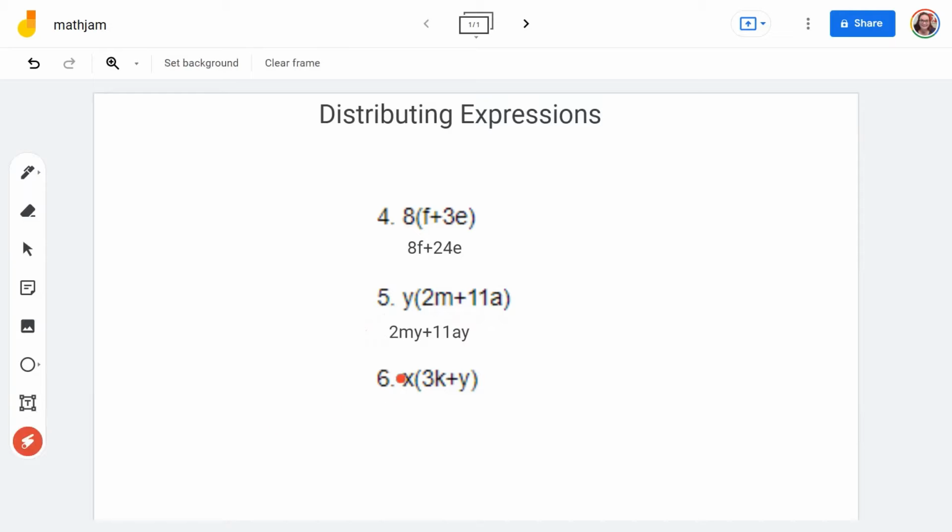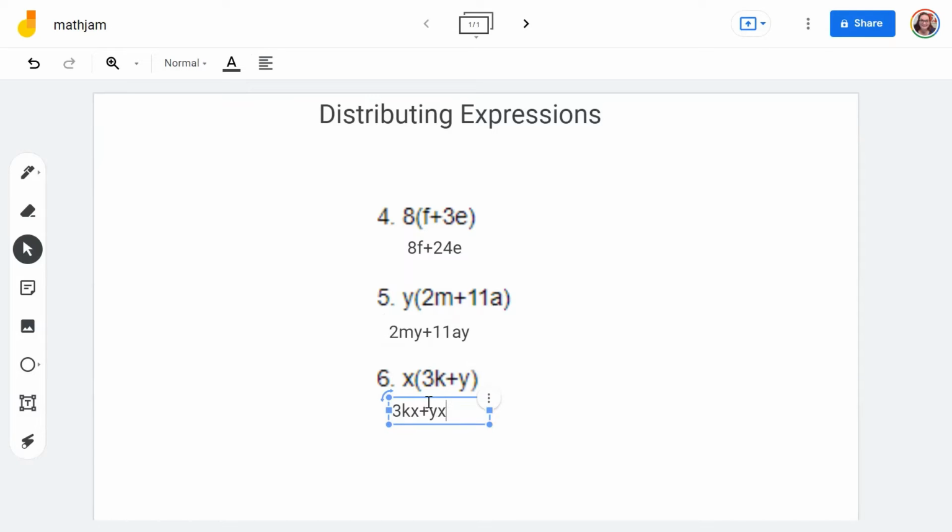All right, last one. The last one here looks like no number again on the outside. That's okay. We can work with that x. And then we have x times (3k plus y). So just like we did before, we're going to start with the numbers. So we've got our 3k. So 3k, we need to make sure those are multiplied by that x. So 3kx plus, we don't have a number on the other side of that parenthesis, but we do have a y.